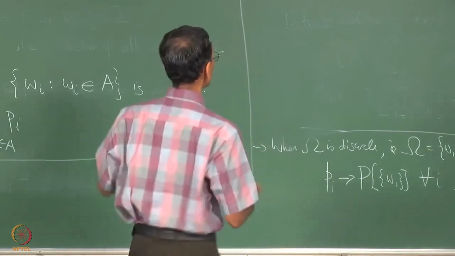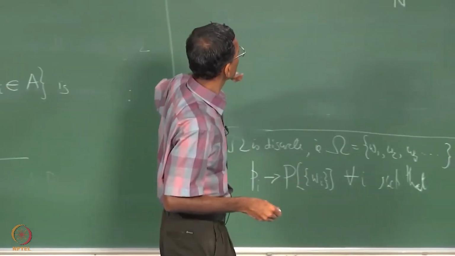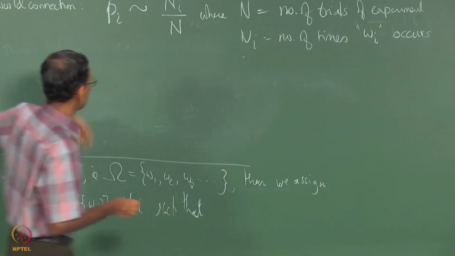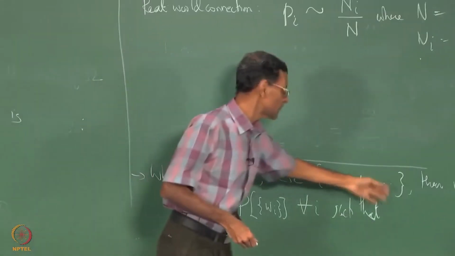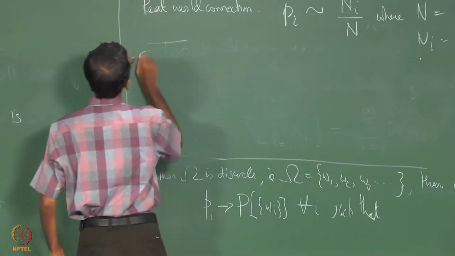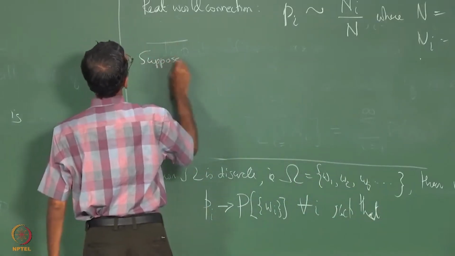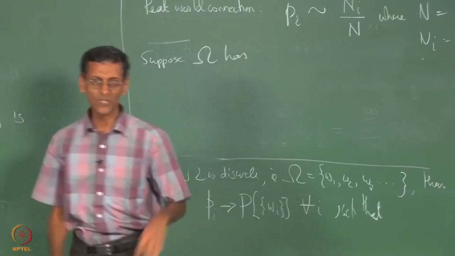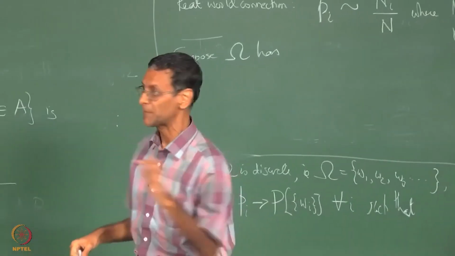Let me use a different notation. Let us say omega, and this is by the way only for discrete spaces, we are only looking at discrete spaces now.